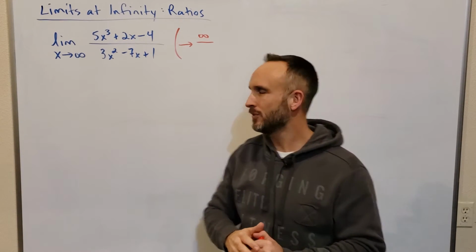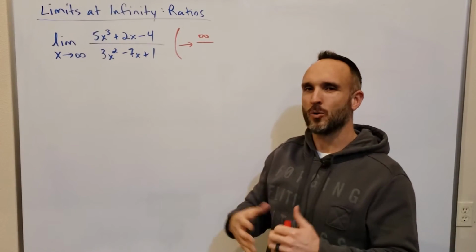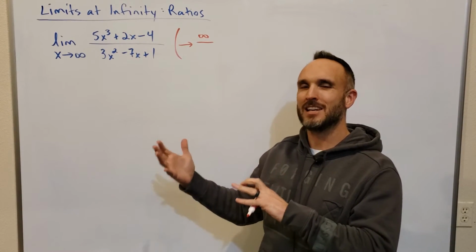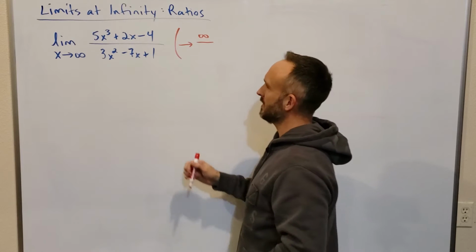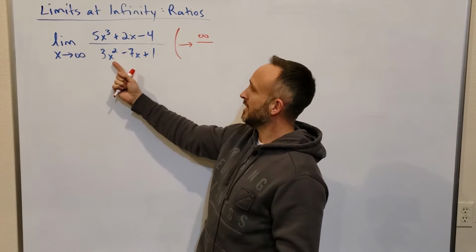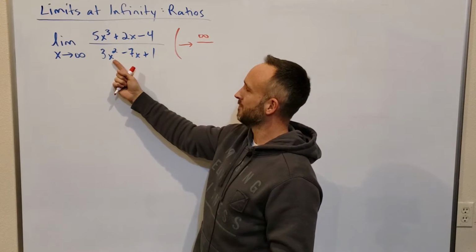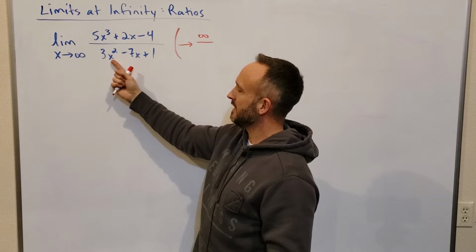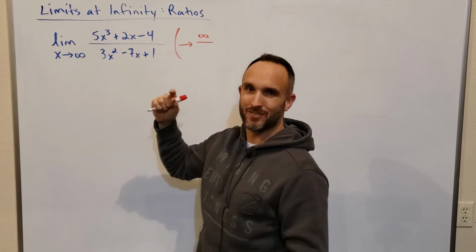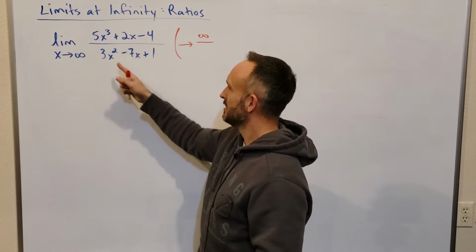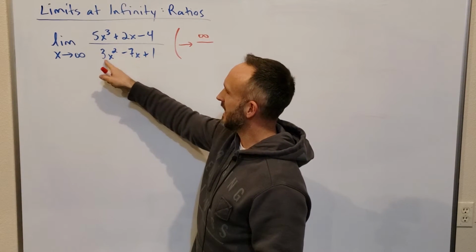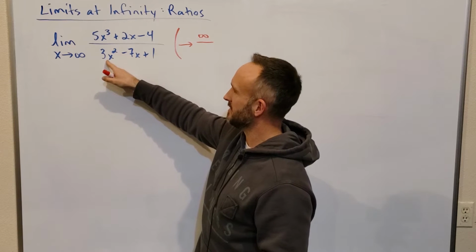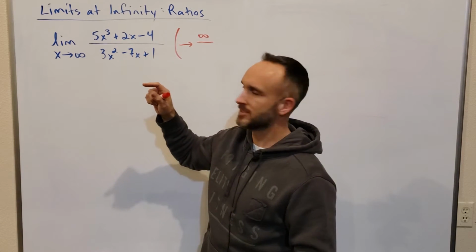So we have to be really careful about applying the rules of our real number system to these infinite quantities. But in this case, here we're squaring infinity, and here we're not. So this infinity is infinitely bigger than this infinity, if that makes sense. So when I subtract them, this 3x squared really does dominate the negative 7x.